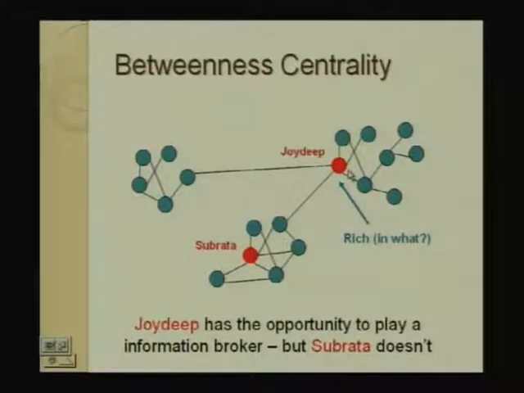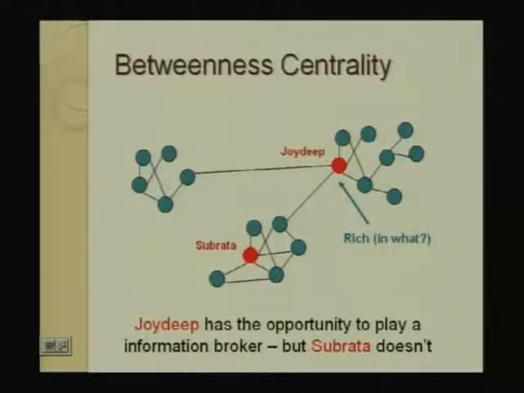So, essentially he can play the role of an information broker in this network, but unfortunately Subroto can't do that. Whatever Subroto knows is also known to many other people and he is not in an advantageous position.